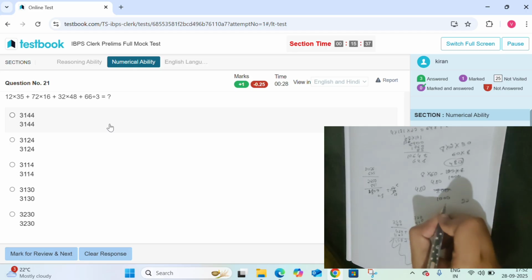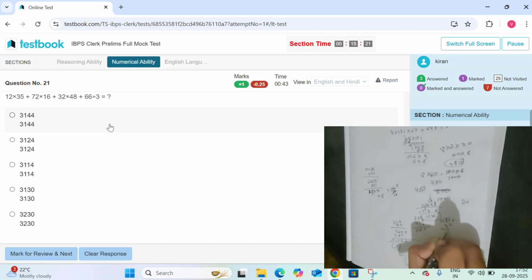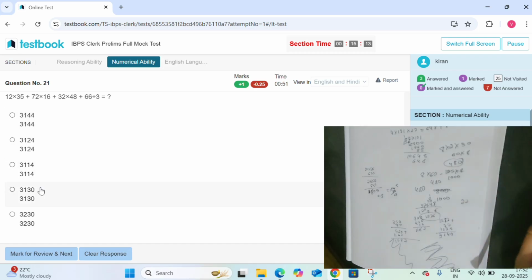Next, 32 into 48, that is 1536. Then 1536 plus, that is 3140. I think 3144.